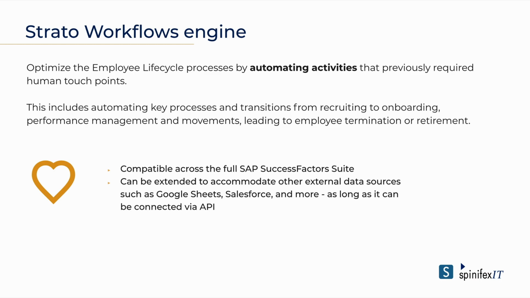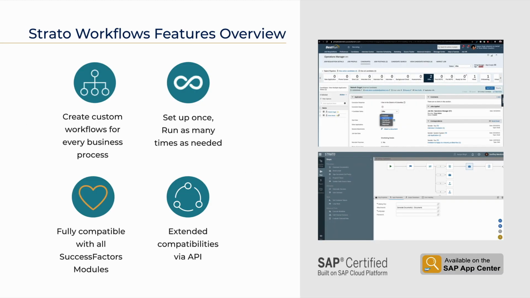So it is of course compatible across the full SAP SuccessFactors suite, and it can be automated. It can also accommodate other external data sources such as Google Sheets, and why not Salesforce and more. And why? Because we are using APIs. This is something I will cover in the next few slides.